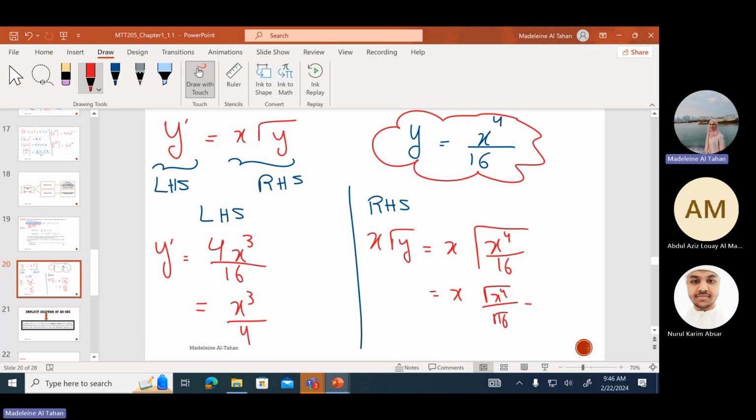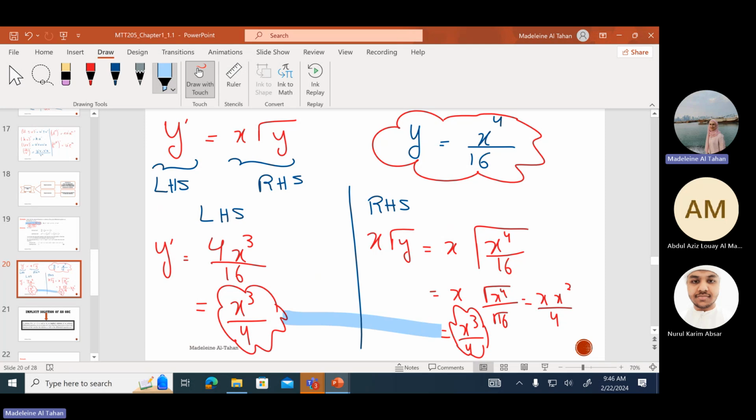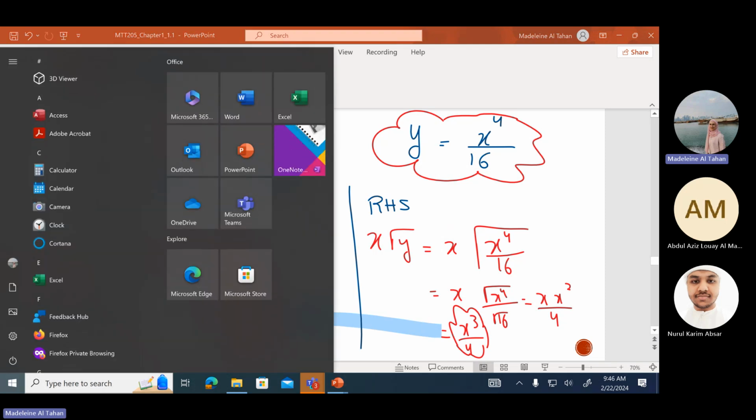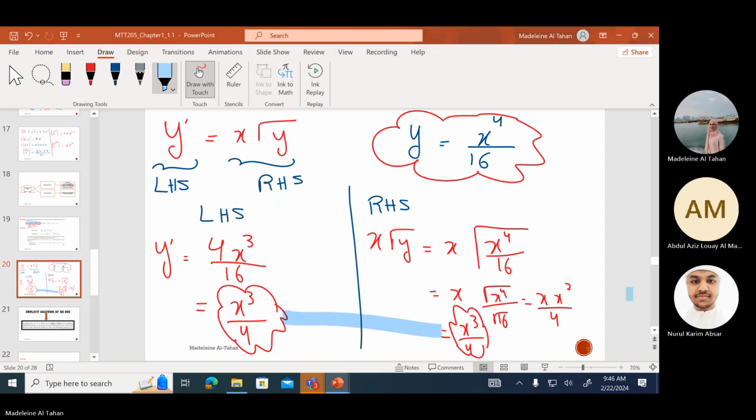X squared over radical 16, 4. And this one is what? Did we get them the same? Yes. So what can we deduce, is it a solution or not? It is the solution. No, we have to always do left and right.